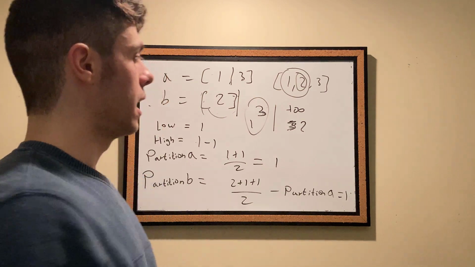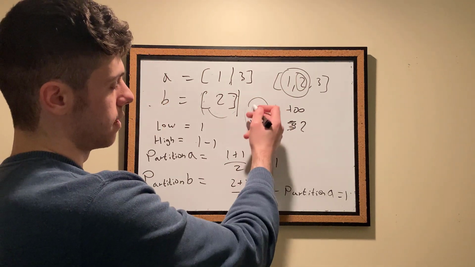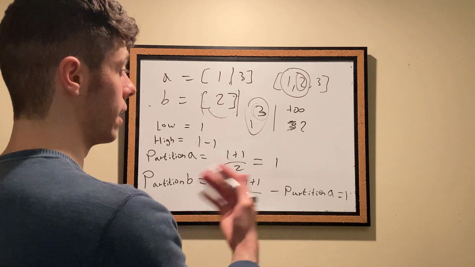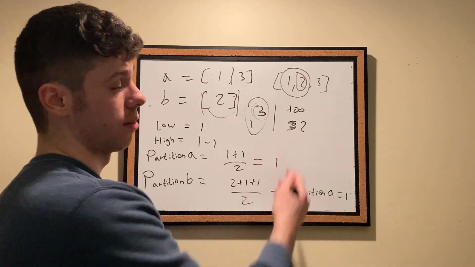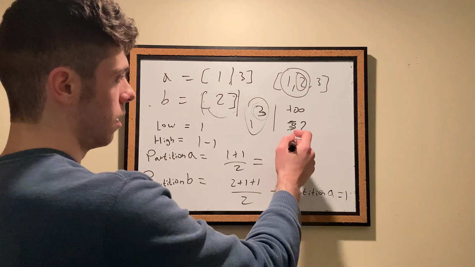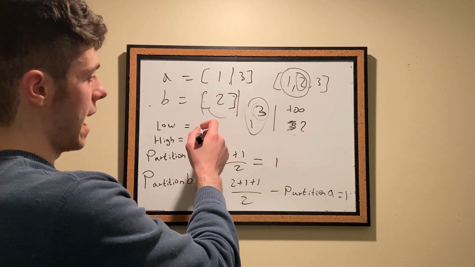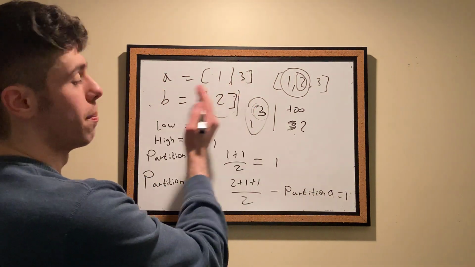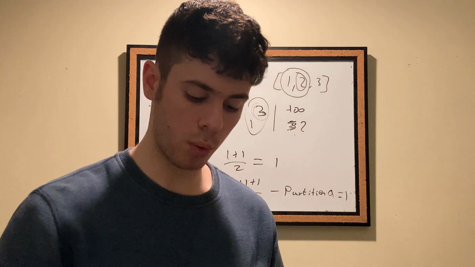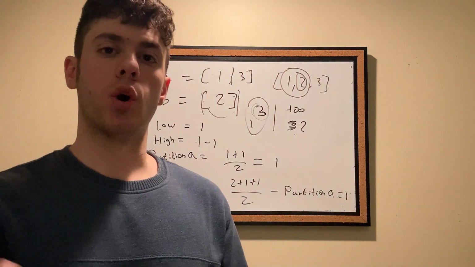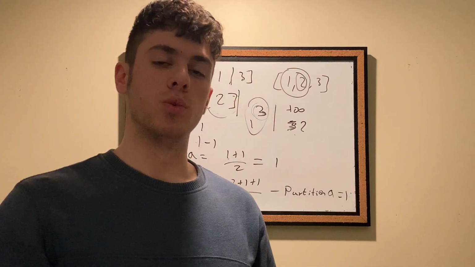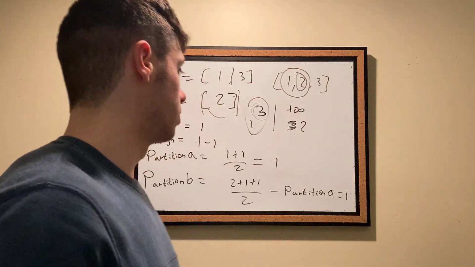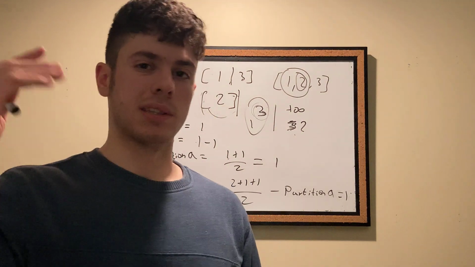I'm just explaining if the maximum element of the left half was greater than the minimum element of the right half, then instead of adding 1 like we did previously, in the opposite case, you would subtract 1 and move it backwards. Don't worry, we're going to be writing the code right now, so you're going to see the 2 cases: if it's greater than, you would do this, and if it's less than, you would do that. So now we're just going to write the code, and go through this exact concept in code.